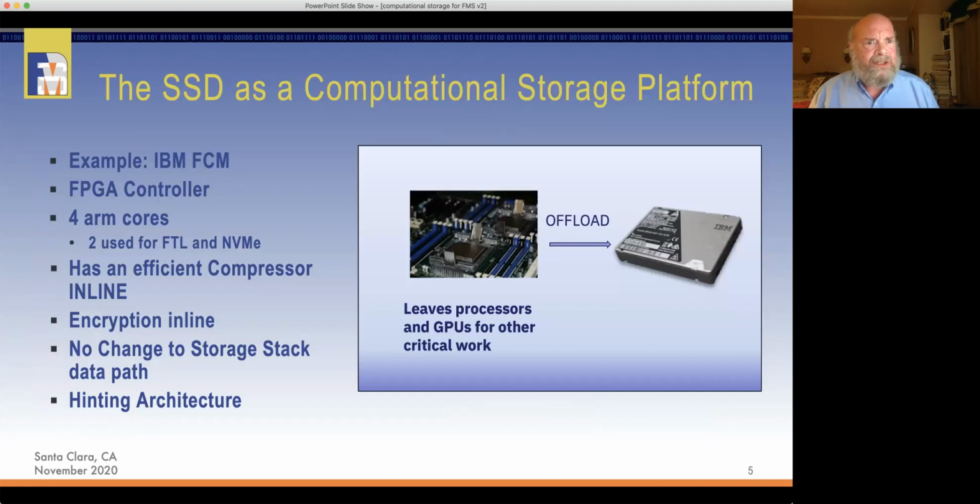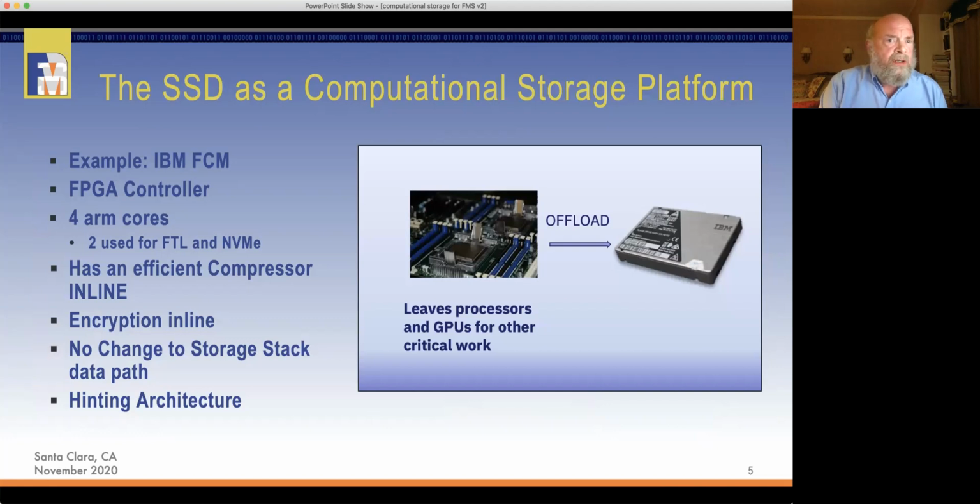I think the best way of understanding the potential here is to look at an example of a computational storage device. Now we in IBM have been doing the IBM FlashCore module for a couple of years. And the IBM FCM is a good example of a computational storage platform. It is not sold as a CSD. It is used inside a storage system.